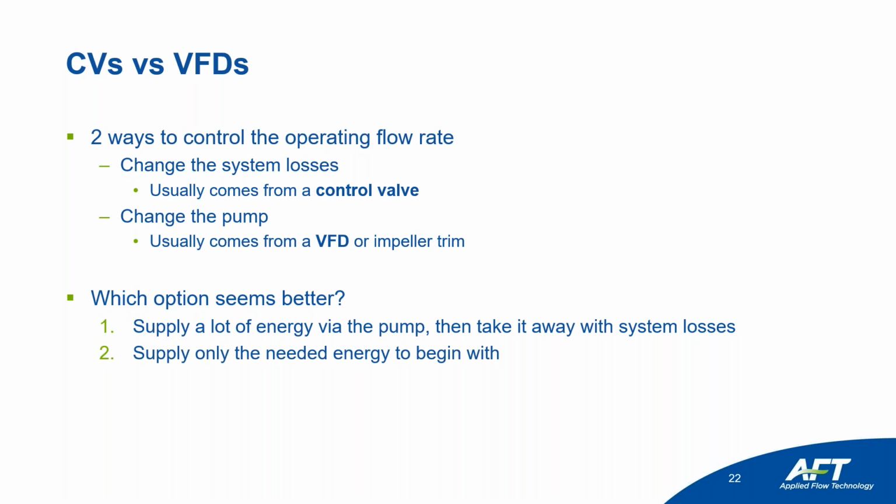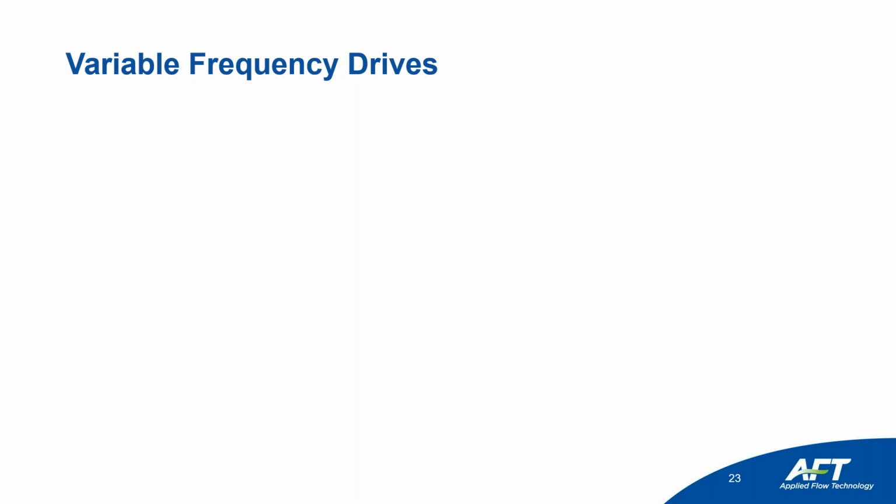You can tell by the tone of my voice, option two is the correct answer. If you have the option, of course. Systems get very complex, and the simple model we've been working through just has the one valve. But if you can, it is better to work with a VFD. So what is it about VFDs? Well, they directly alter the speed of the pump.